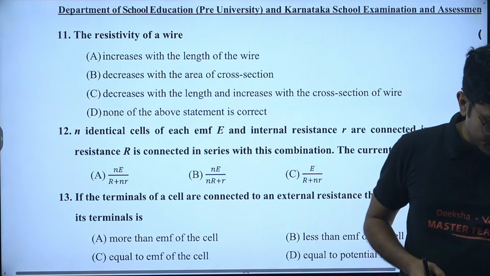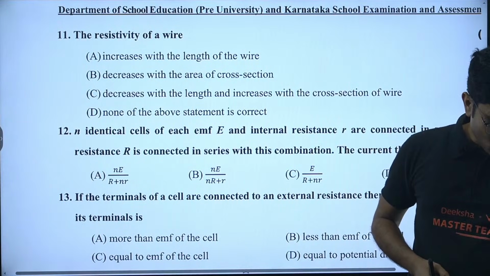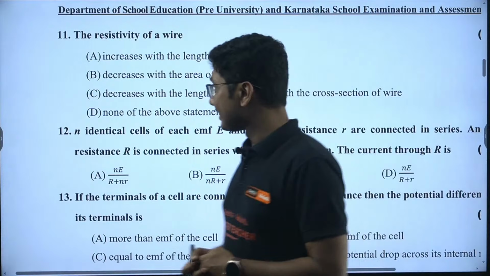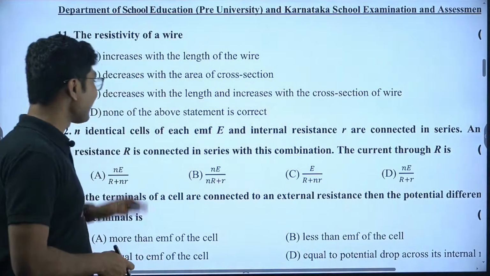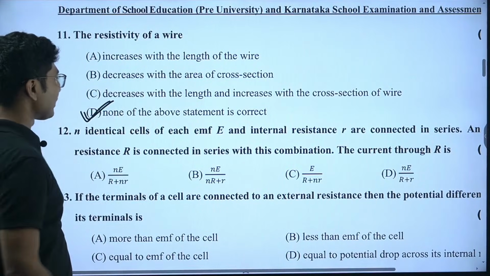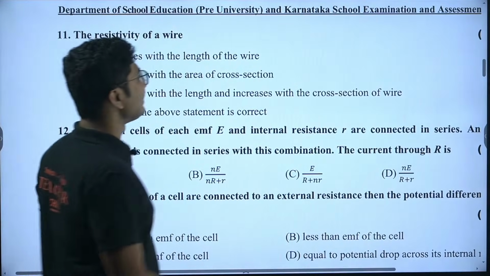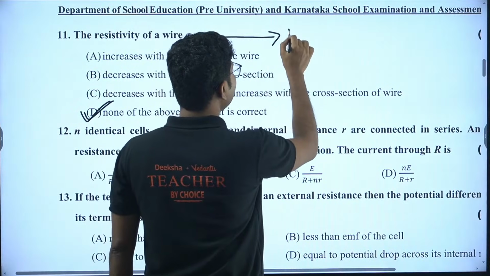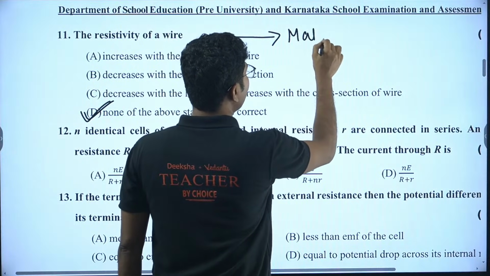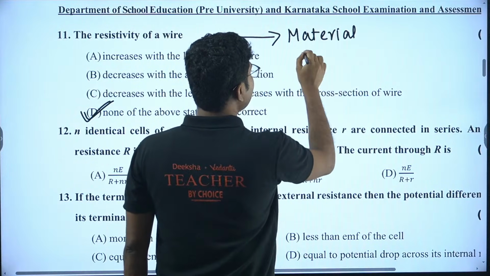Nagaraj is saying option D, Mansi saying option D, Komal is saying 11D. Yes, this is a question where none of the above statement is correct. Why so? Because resistivity is dependent on material and temperature.